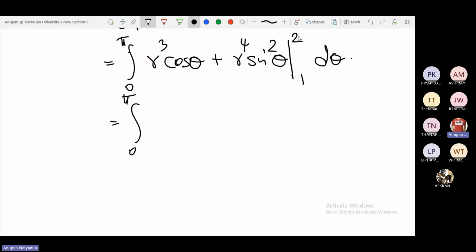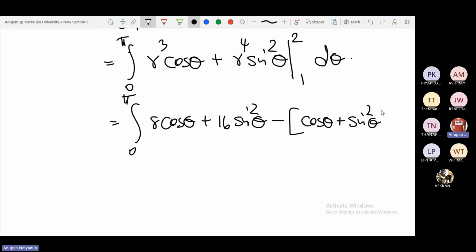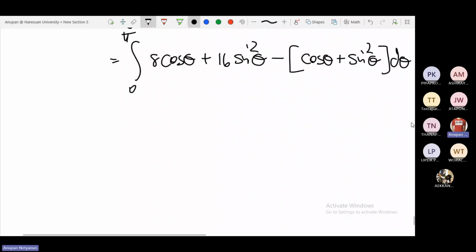Plug in r equal to 2, which is 8 cosine theta plus 16 sine squared theta, and then minus, plug 1 in for r: cosine theta plus sine squared theta, d theta.